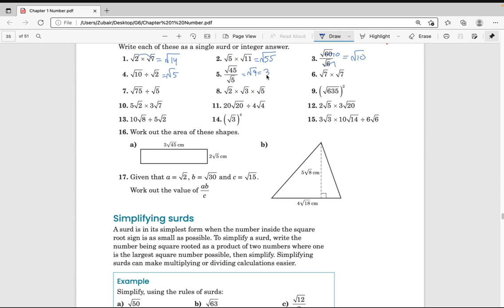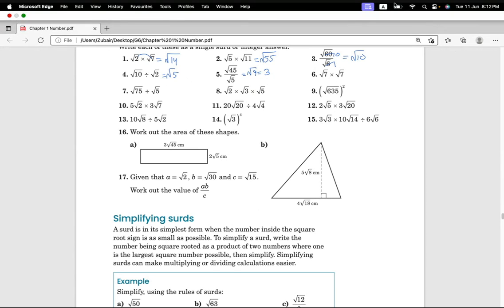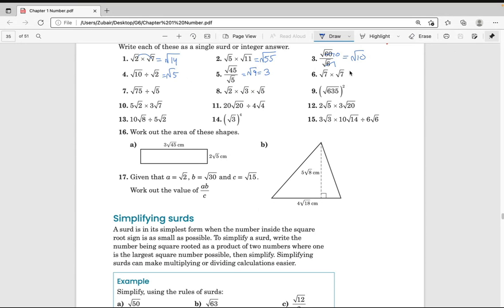Number 6 will be 35. That is multiplication. 7 times 7, square root 49, and this will be 7.